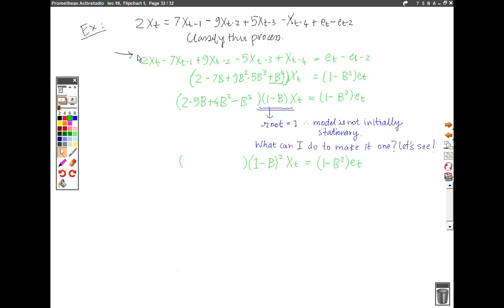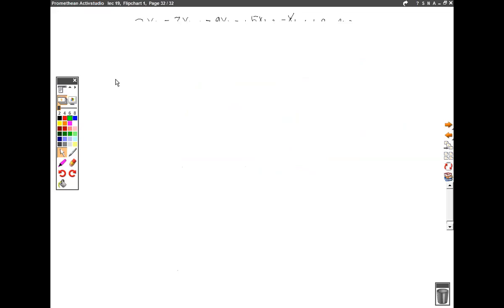Two plus 3B plus B squared. Would you want to check the plus and minuses? Is it 2 plus 3B or is it 2 minus 3B?